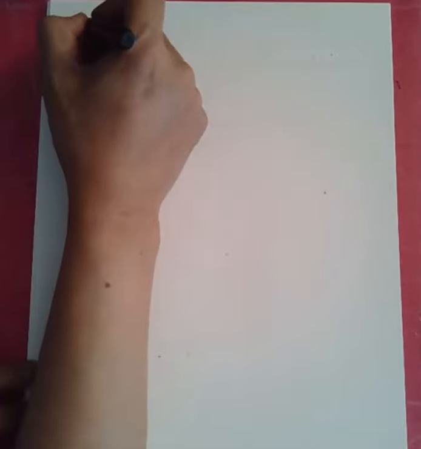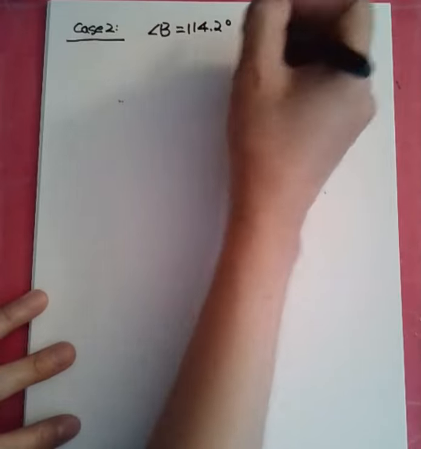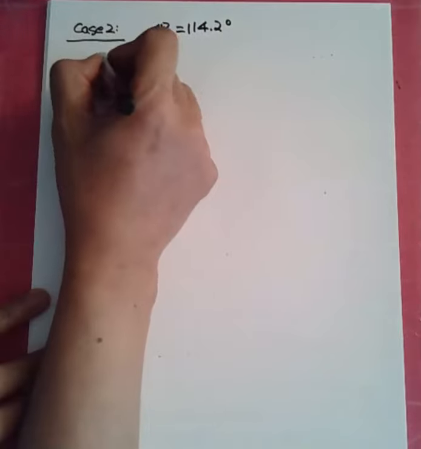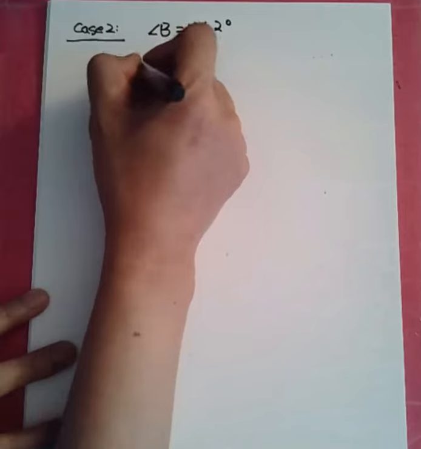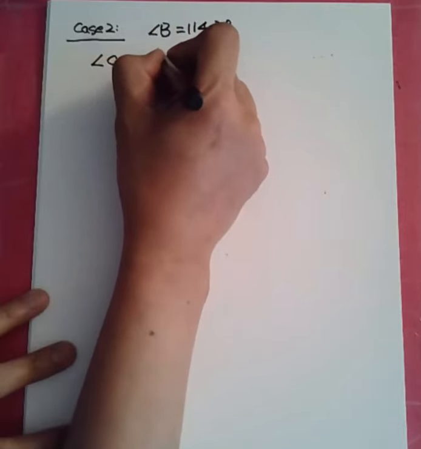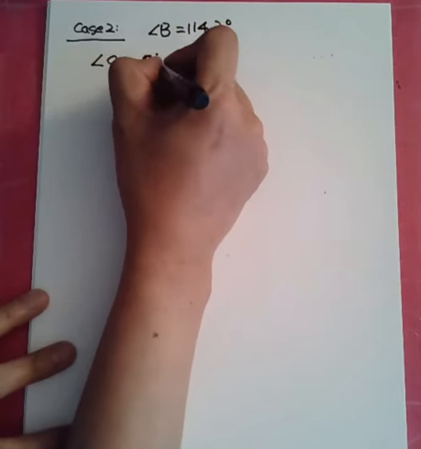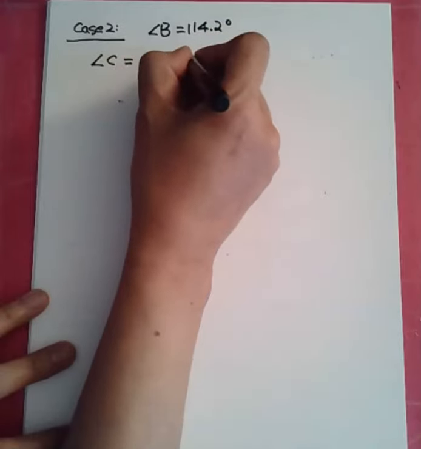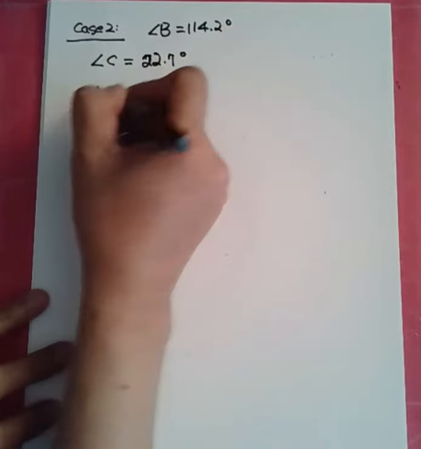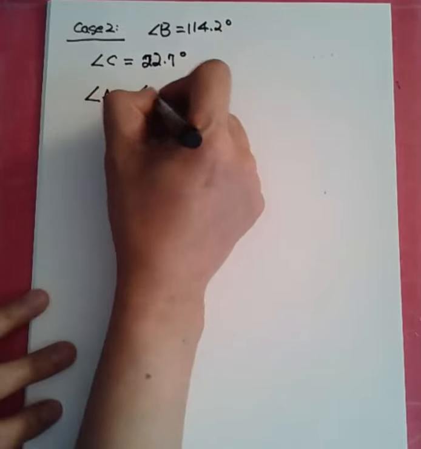In case 2, the angle B was 114.2 degree, and angle C, which we already calculated, was 22.7 degree, and angle A is 43.1 degree.